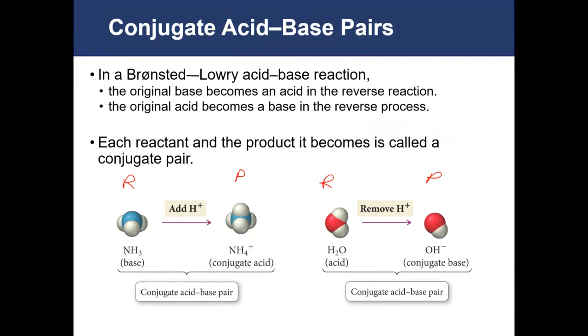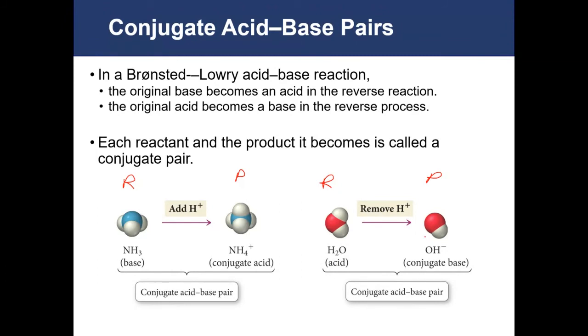So if something picks up a hydrogen atom or picks up a proton, it acts as a base on the reactant side, and its pair on the product side is the conjugate acid. If something acts as an acid on the reactant side, i.e. it gives up a hydrogen, then on the product side, what remains is called the conjugate base.